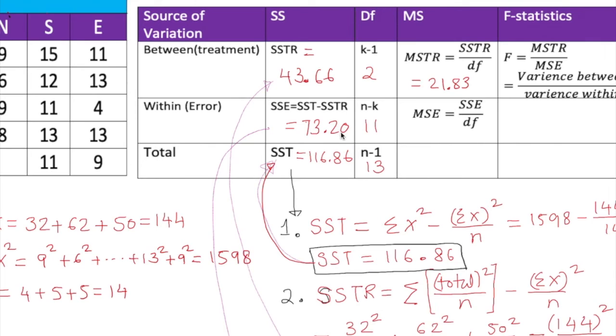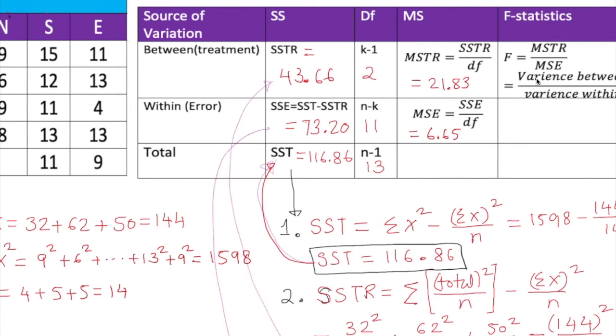And then 73.20 divided by 11 should give me 6.65. So we don't need this anymore. We used this one to get within. Now we have these two, and we just divide those two.